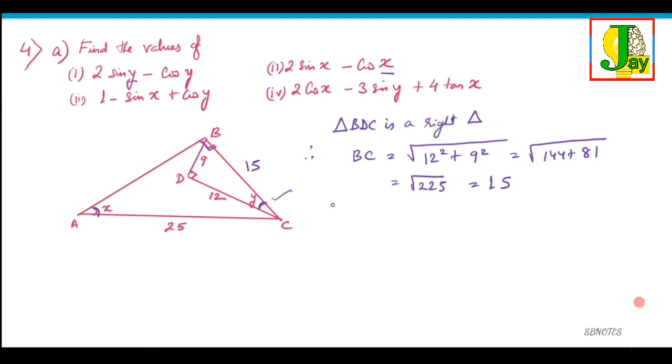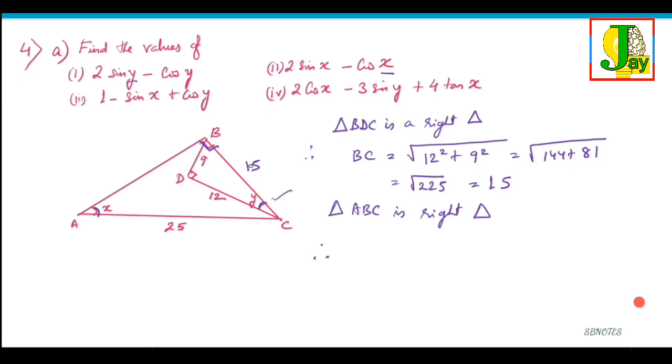Now we have two sides of the bigger triangle ABC. Triangle ABC is a right triangle. Therefore, using Pythagoras theorem, here 25 is the hypotenuse, the side opposite to the 90 degrees.